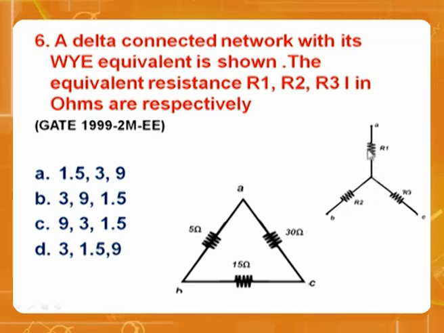For example, R1: 5 into 30, 150, by total. Total is 60. So 150 by 60 is how much? 1.5.